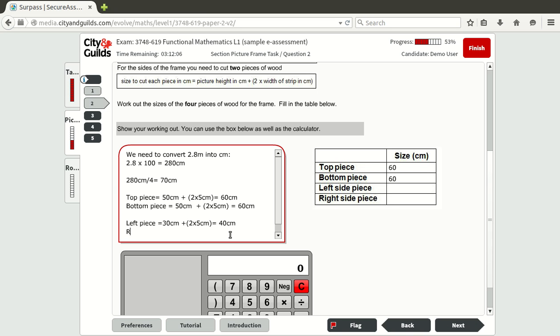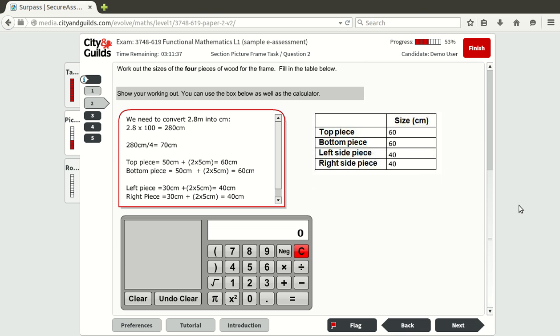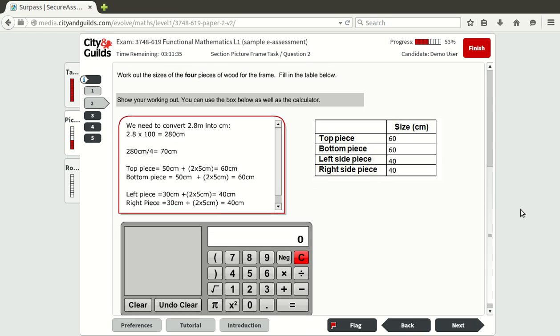And then my right side would be the same thing as my left side, so that is 30 centimeters plus 2 times 5 centimeters, that is equal to 40 centimeters. So I will put those answers right there, 40 and 40. That's it. Those are the sizes I would use.